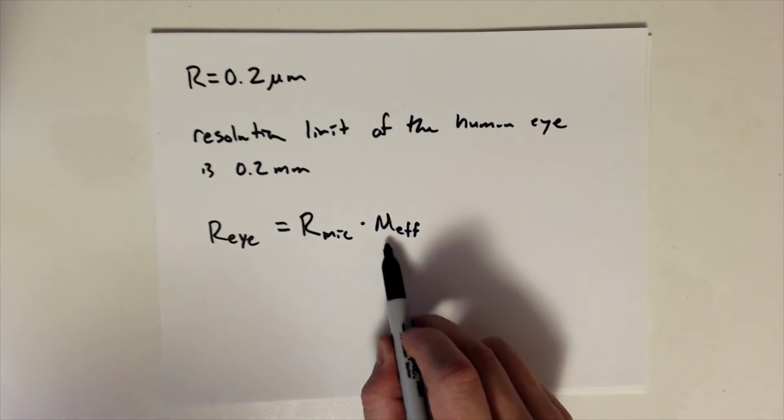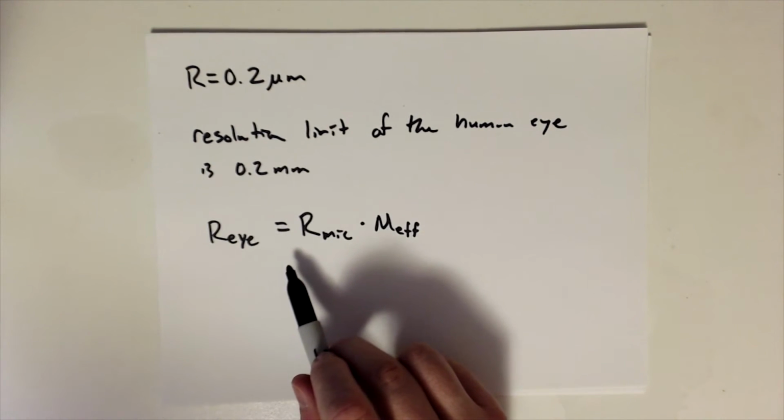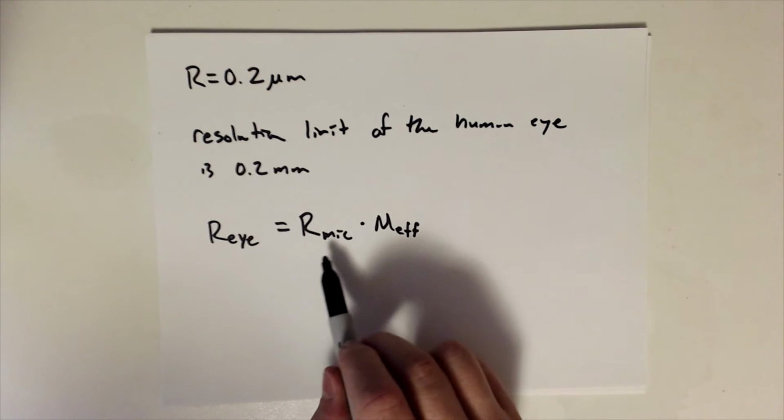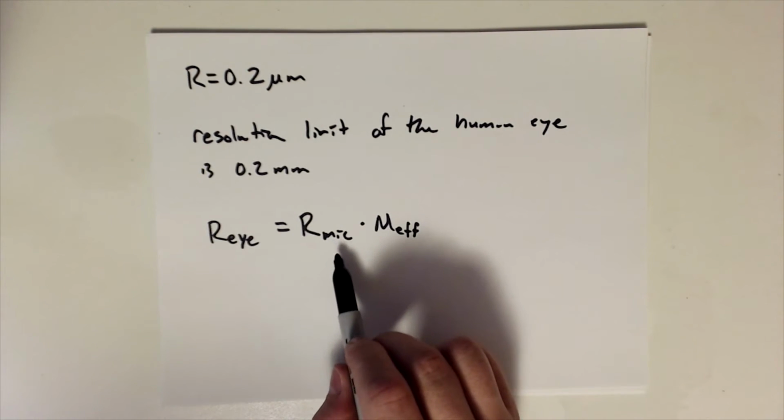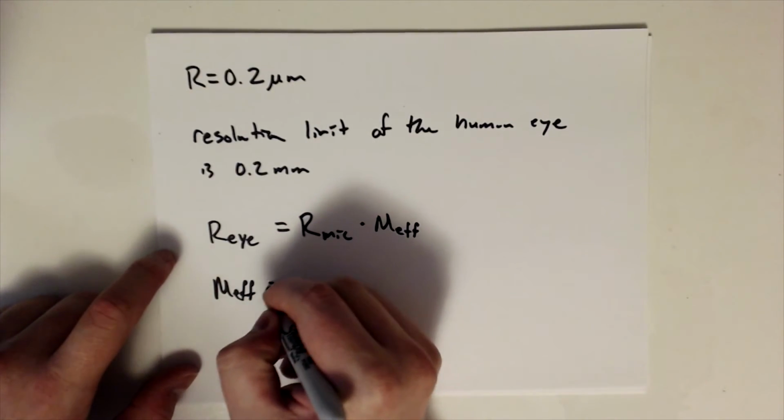So if we want to get the effective magnification, we take the ratio of the resolution of the eye and the microscope. And so that gives us an effective magnification.